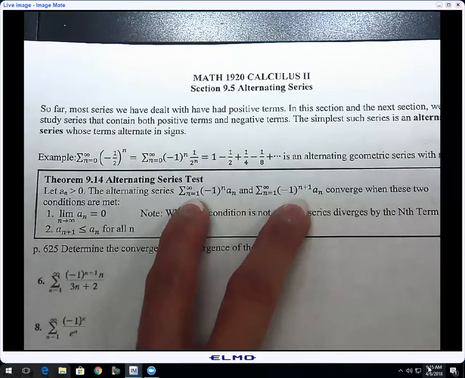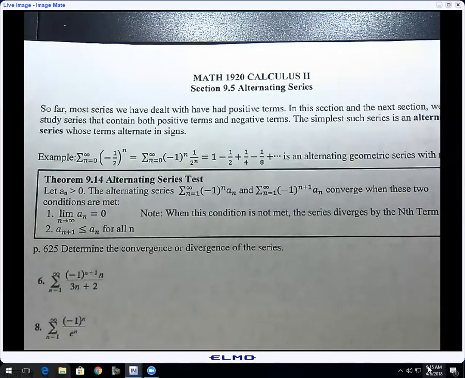It just affects whether you start out with a positive and then go negative, positive, negative, positive, negative, positive, or this one, -1 to the n plus 1, would start out with the first term being what? Positive. Because n plus 1 would be an even number, and -1 to an even gives you a positive. So all that's really saying is it doesn't matter whether it's the even terms or the odd terms that are negative.